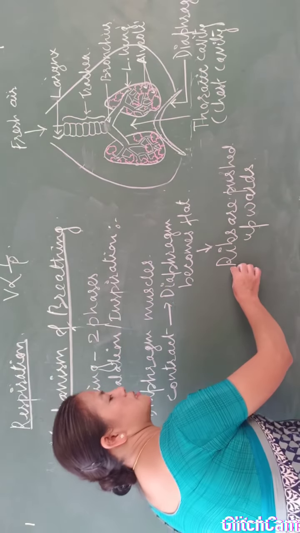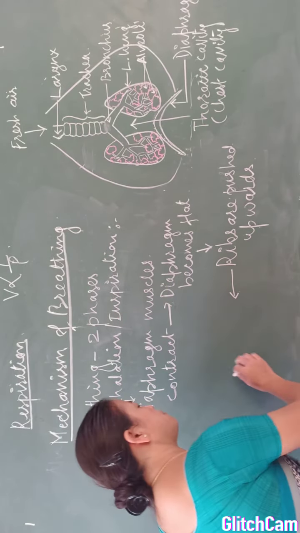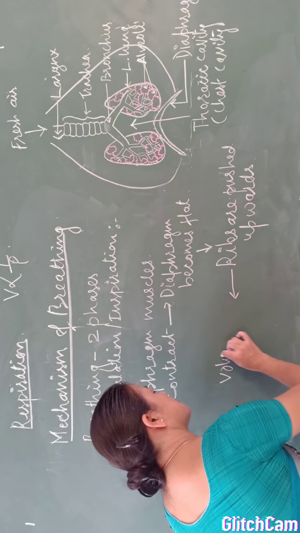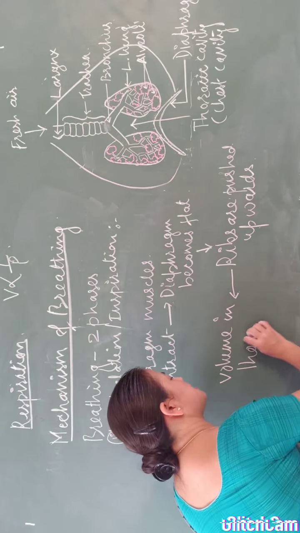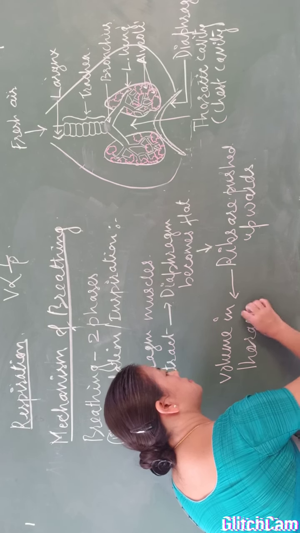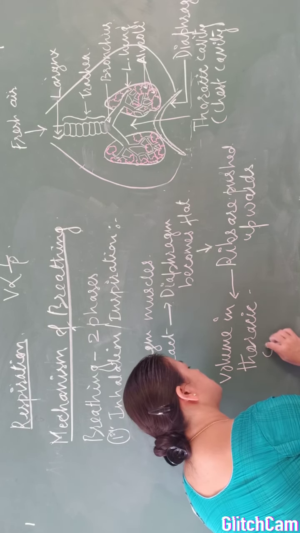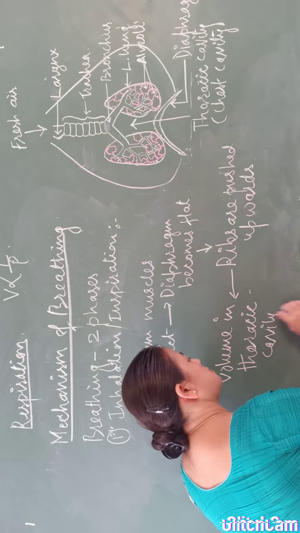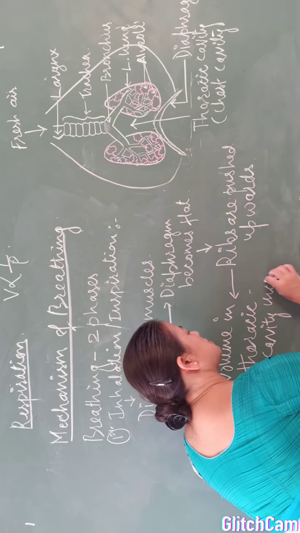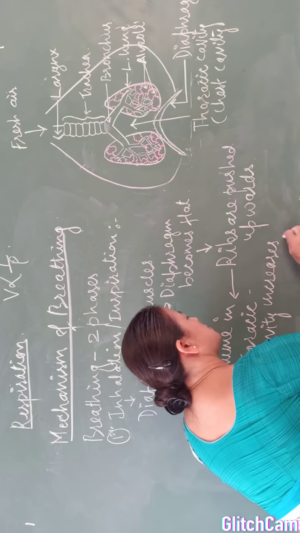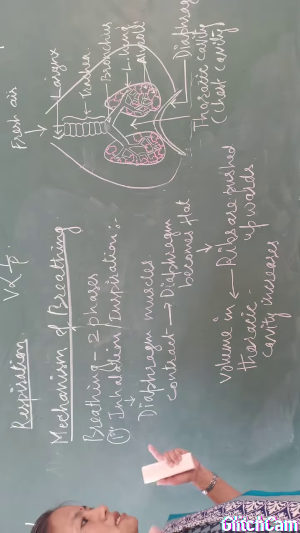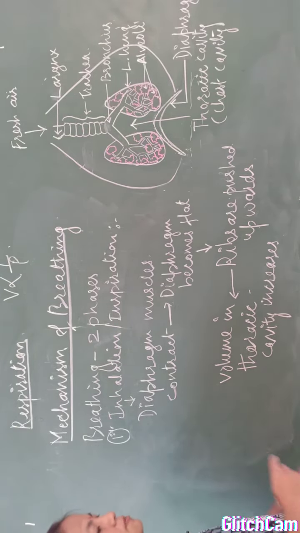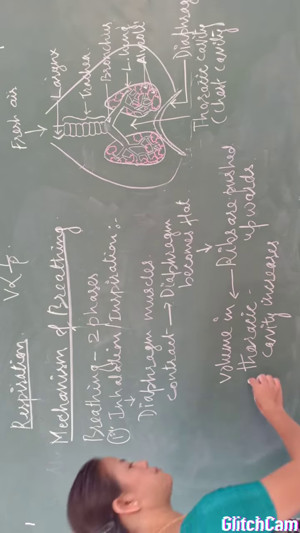and when the ribs are pushed upwards, the volume in the thoracic cavity increases. This means the space in the thoracic cavity increases. Now, when the volume in the thoracic cavity increases, what happens?